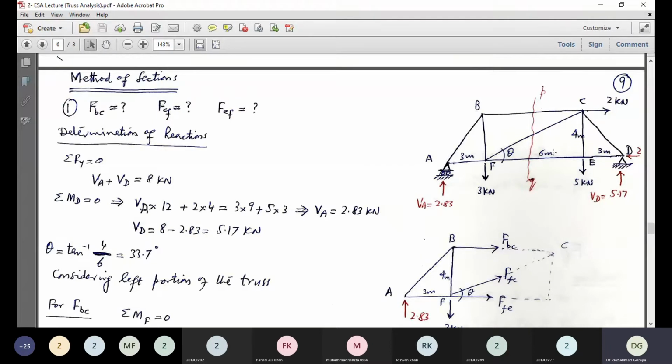These are the three members in which we want to determine the forces. Now, of course, we will proceed by the first step, that is determination of reactions.